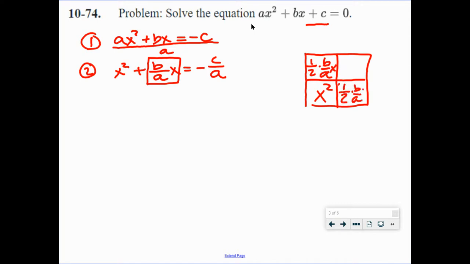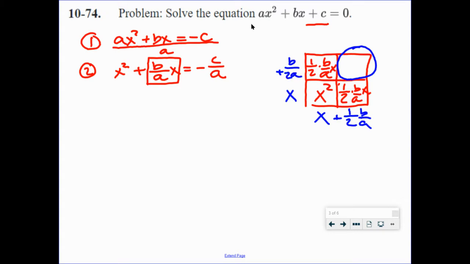All right. And remember, when we complete the square, we want to find this box. So our two binomials, our perfect square would be x and 1/2 b over a, which actually just simplifies to, I'll put it right up here, b over 2a, right?